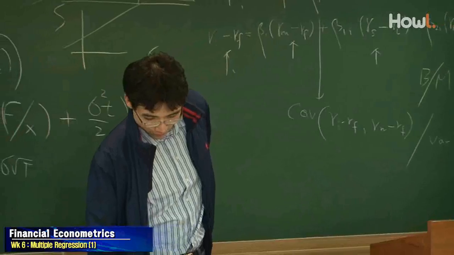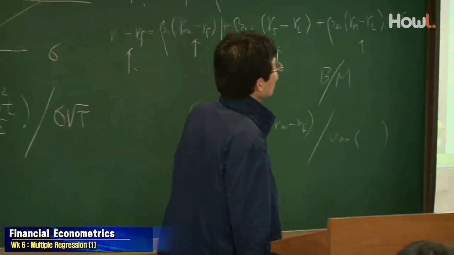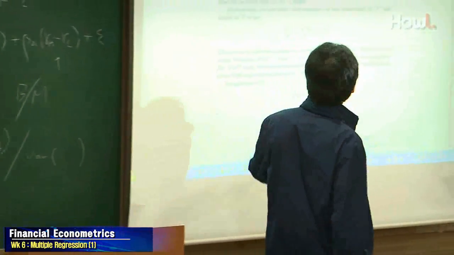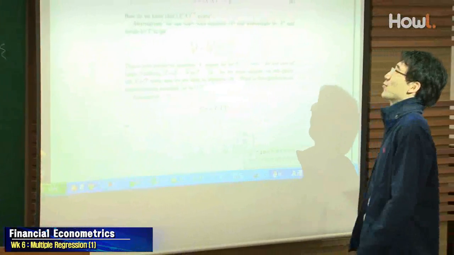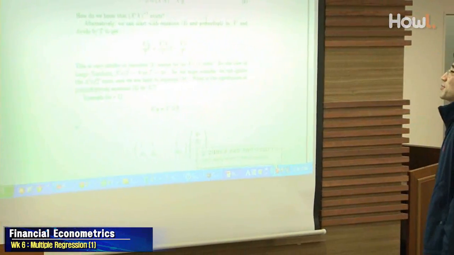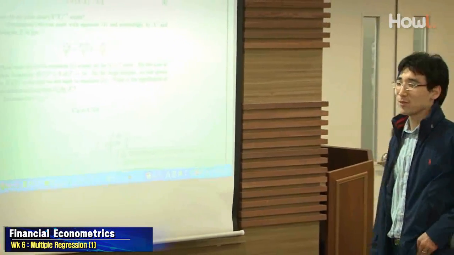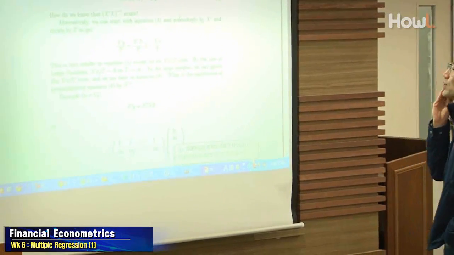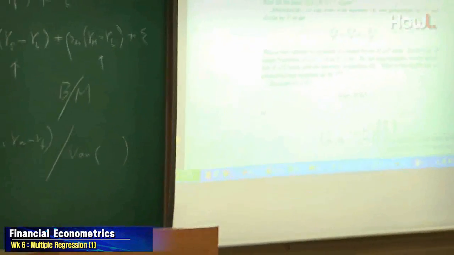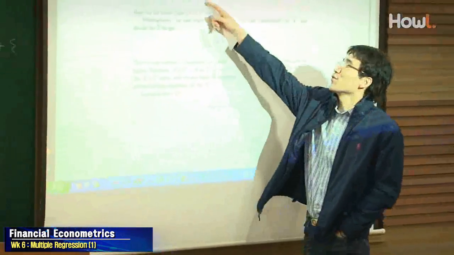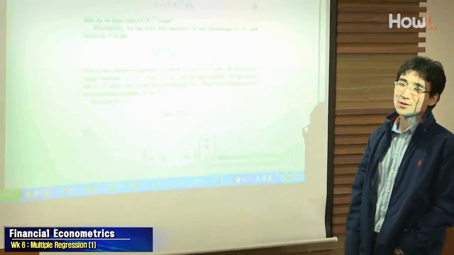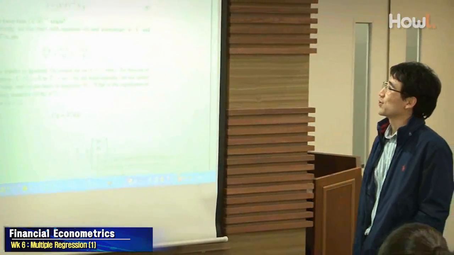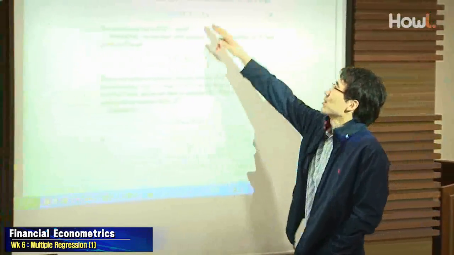Okay, about the regression. So this is basically the equation of the beta estimate, and the OLS estimate for the beta looks like this. And how do we know that X prime X inverse exists? To calculate this beta, which is the OLS estimate, of course, this inverse matrix should exist.